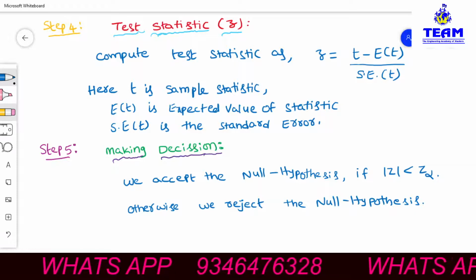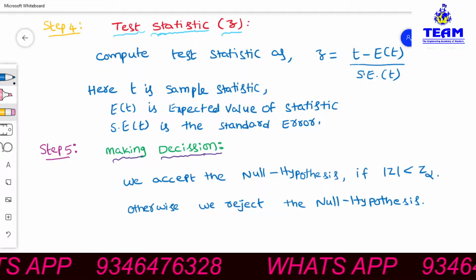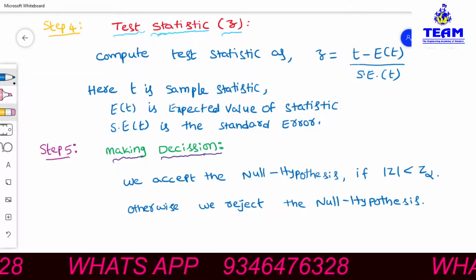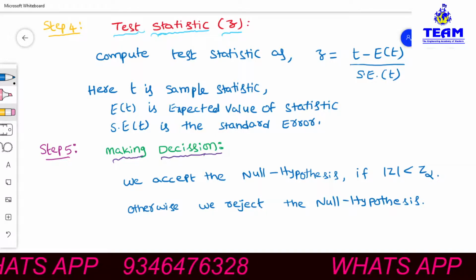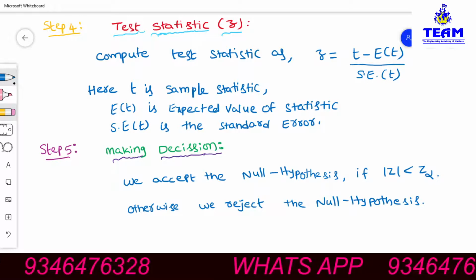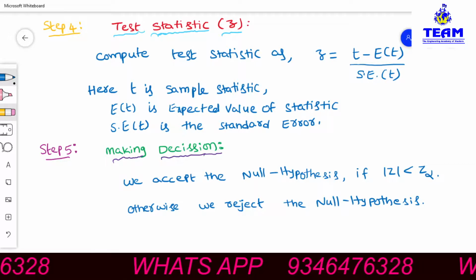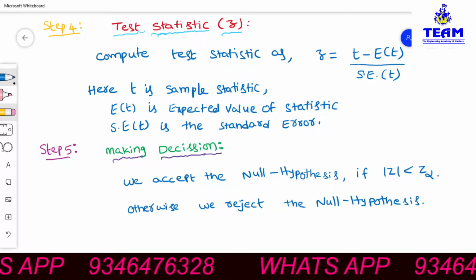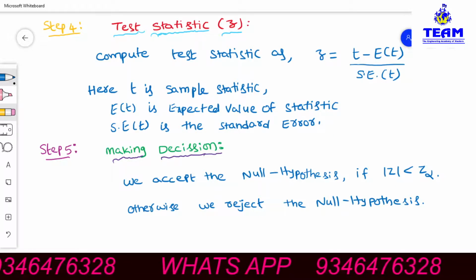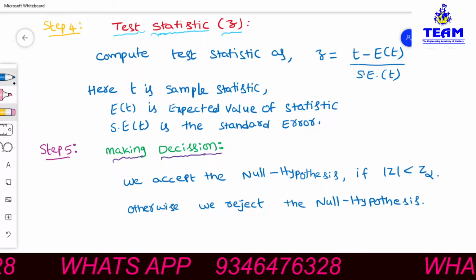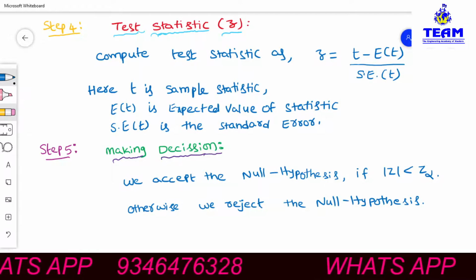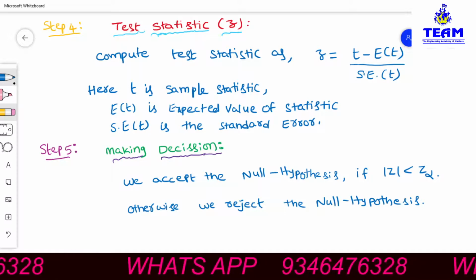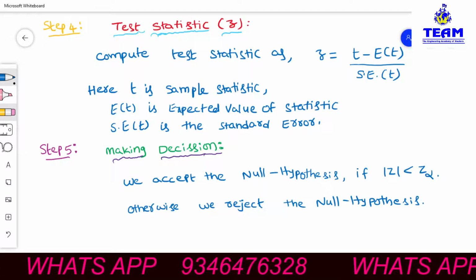Of course, here we are taking mod Z or the absolute value of Z, because whenever it is negative, we can take it as positive, whereas Z alpha is the tabular value. Sometimes Z is called the computed value or calculated value, whereas Z alpha is called the tabulated value or critical value.